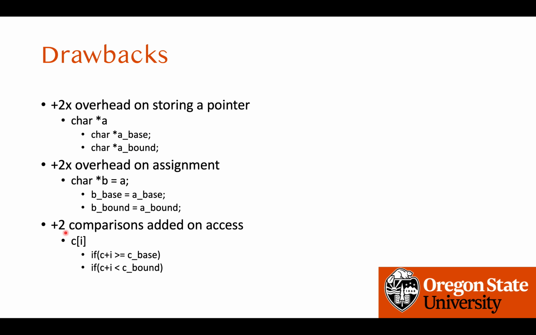And also, whenever we access the memory, we need to apply 2 comparisons, and these will add lots of performance degradation. It will also use more cache and more virtual memory, and that will also degrade the runtime performance of the program.